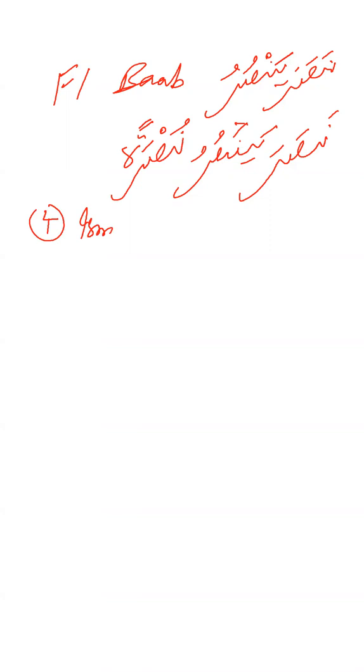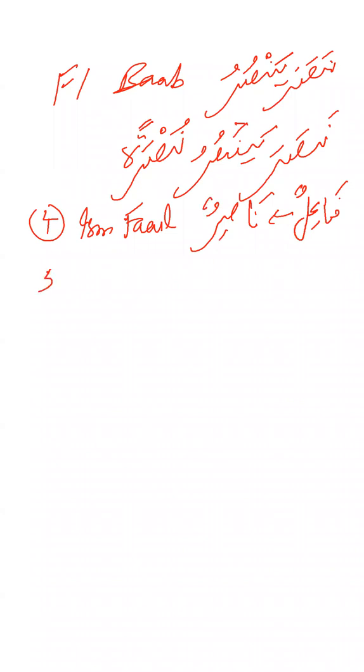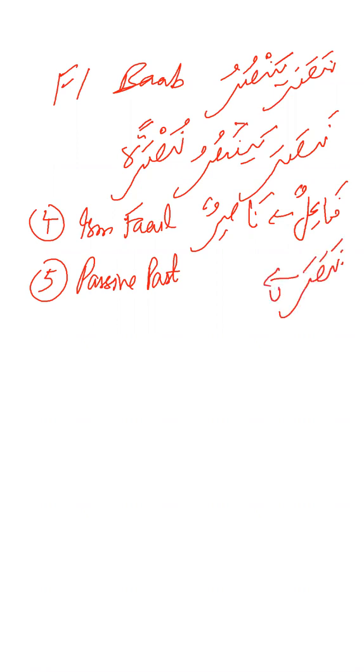On the pattern of fa'ilun, we have Nasirun. Then we have passive past. From Nasara, you have the U-I pattern, it will be Nusira.